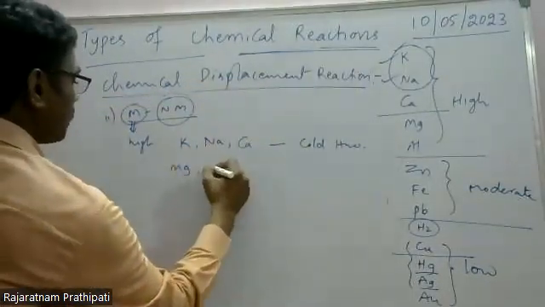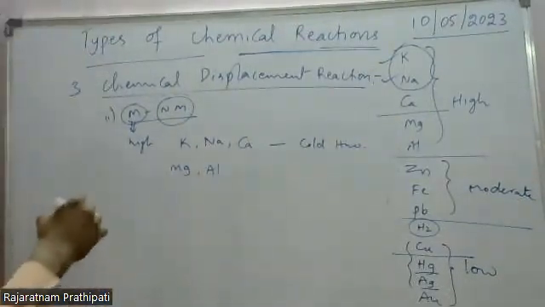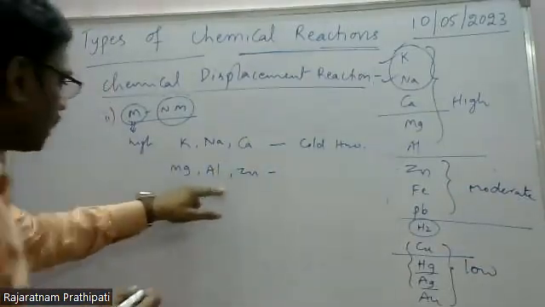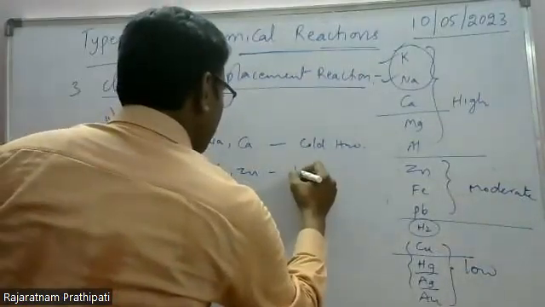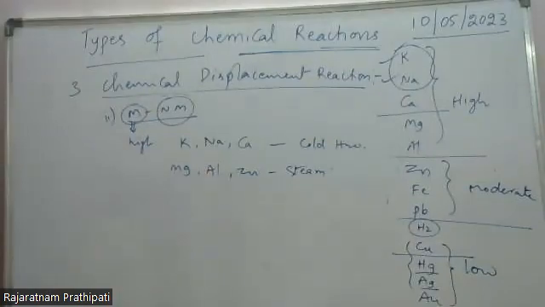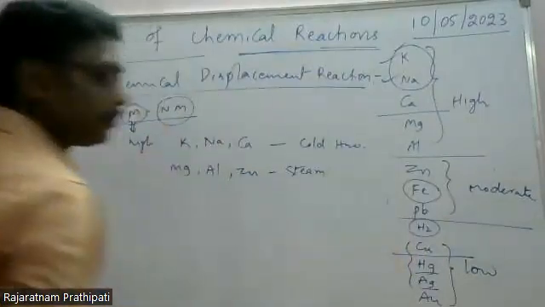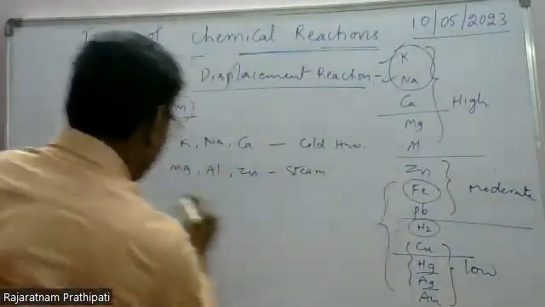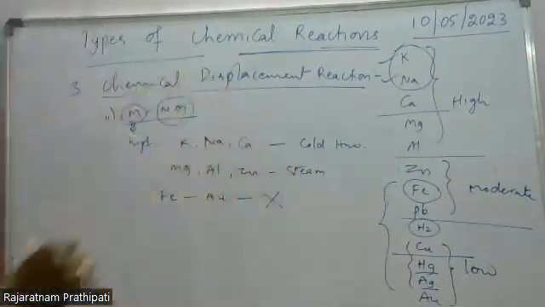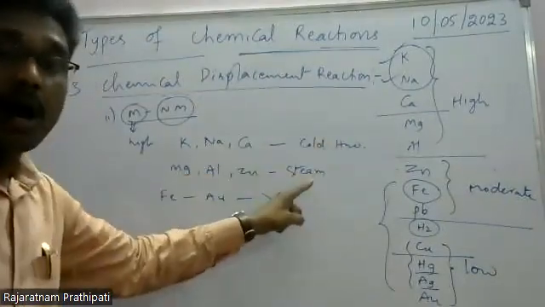Next, magnesium, aluminum, zinc. These three displace hydrogen from steam. Steam means hot water. Next, iron. From iron to gold, these do not displace hydrogen from cold water or steam.